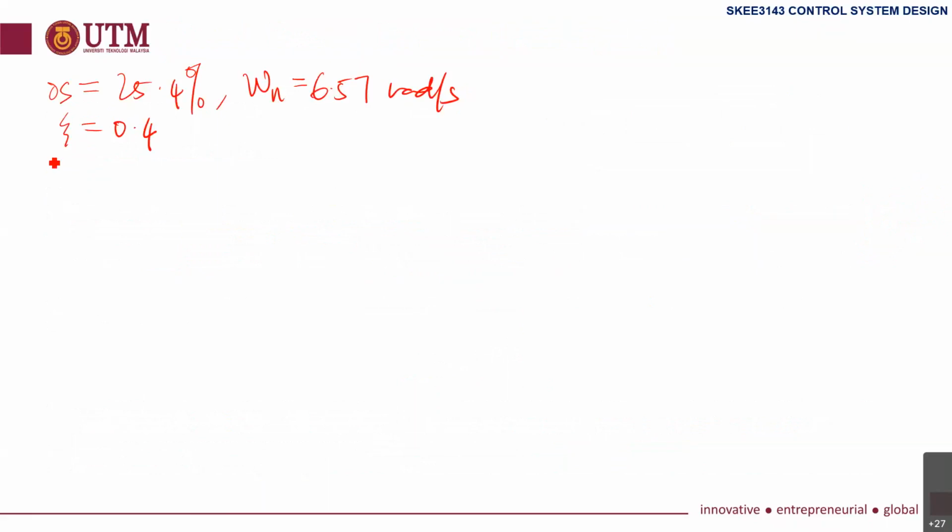And we know that the dominant pole, the closed loop pole, is always like this. In this example, the root locus is not given, but the information given is sufficient to design PD and PI controllers.